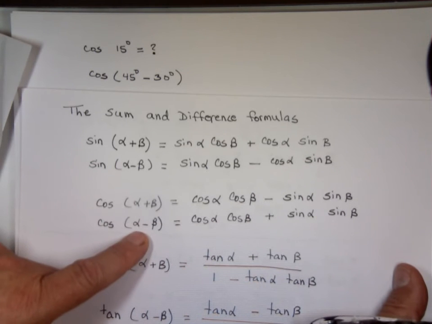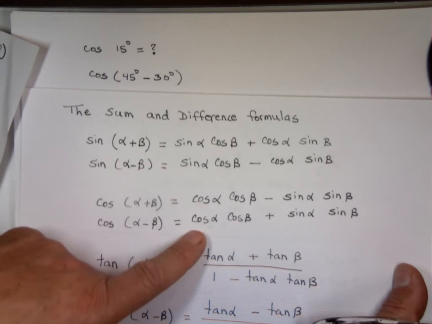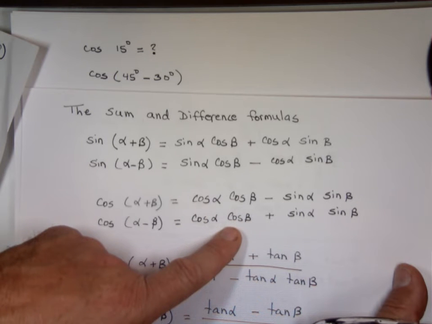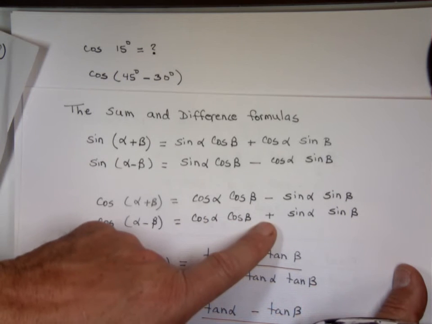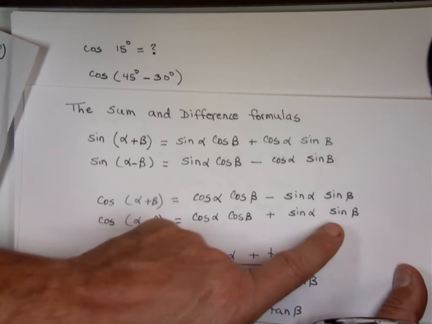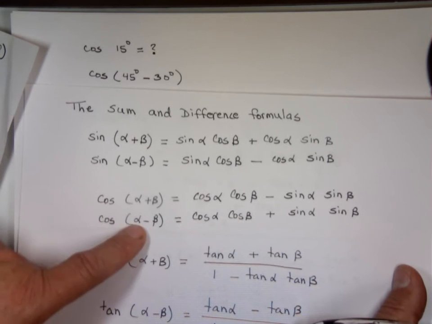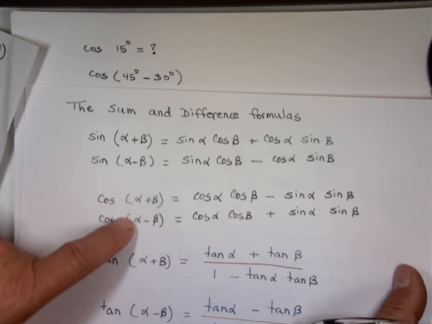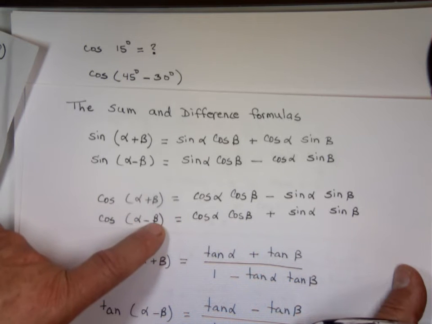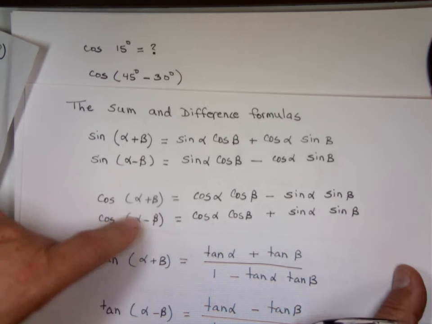It's cosine the first, cosine the second, plus sine the first, sine the second, right? So that's the one I'm going to use because you have a minus.